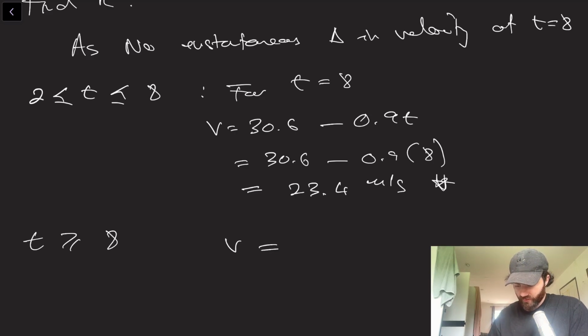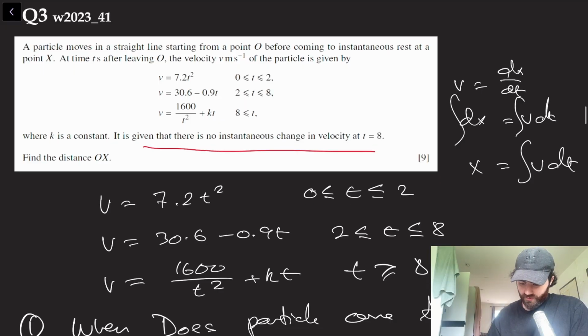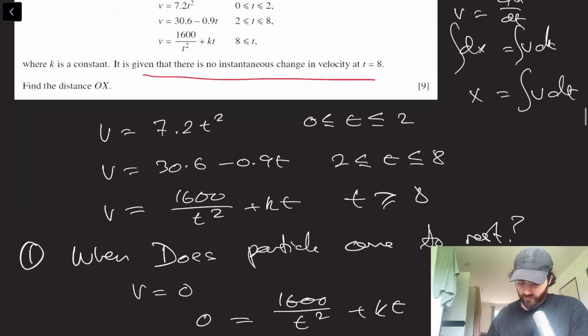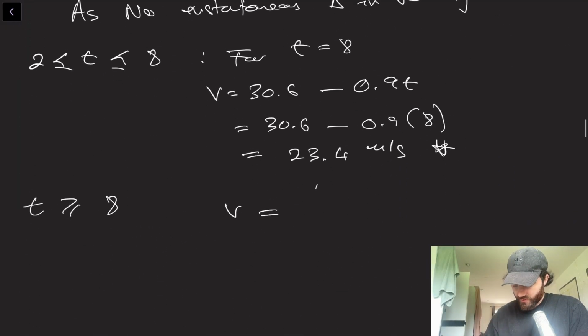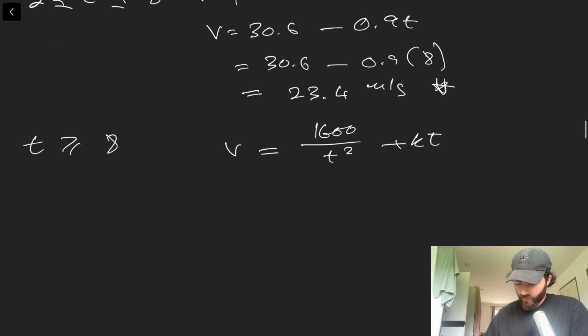for 1600 over t squared plus kt, at t equals 8, the velocity is 23.4, and then we can find k.